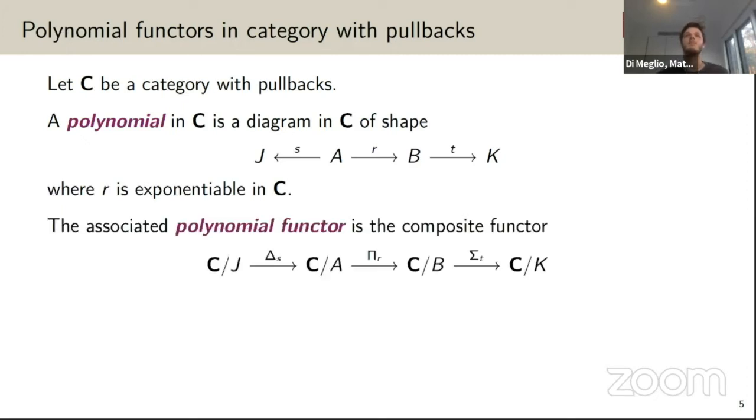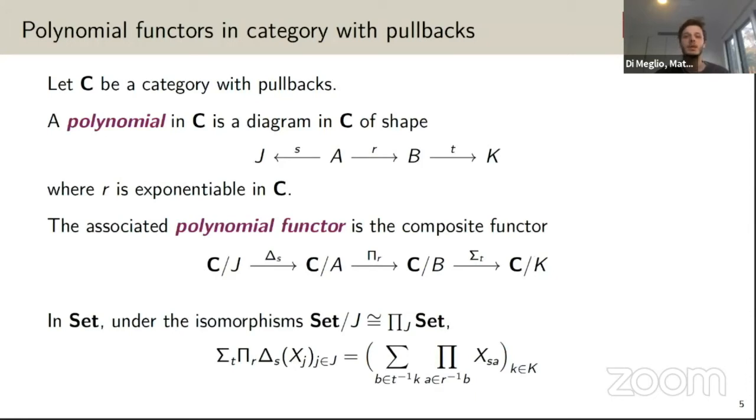So the associated polynomial functor is then this composite functor between the slice categories. So it first reindexes along S, then it does the index product along R, and then it does the index sum along T. And just so we can see why we call these things polynomials, if we let C be the category Set, then we have this isomorphism between the slice category over J and this J-indexed product of Set.